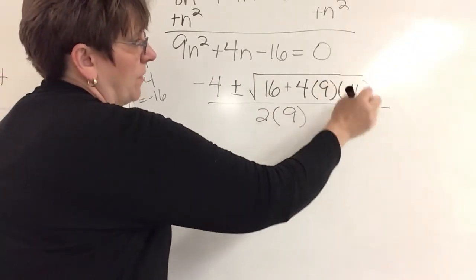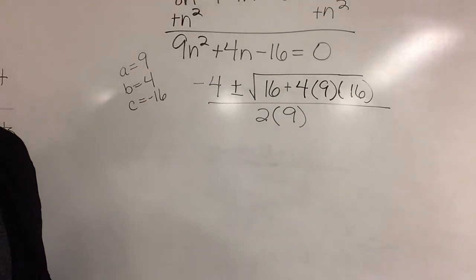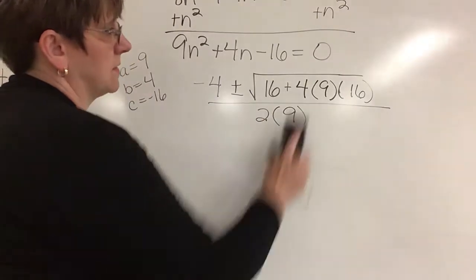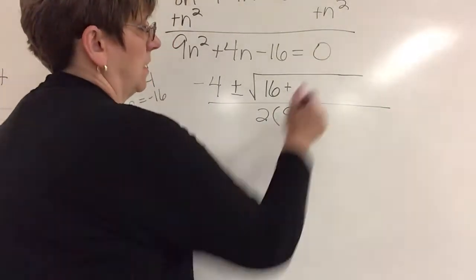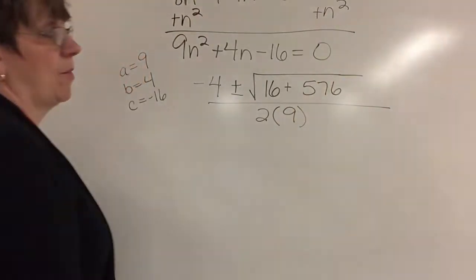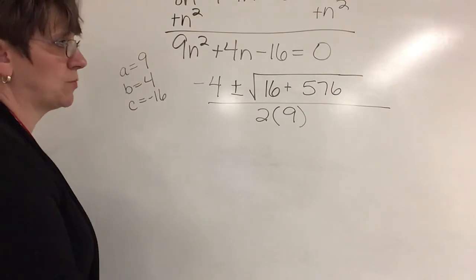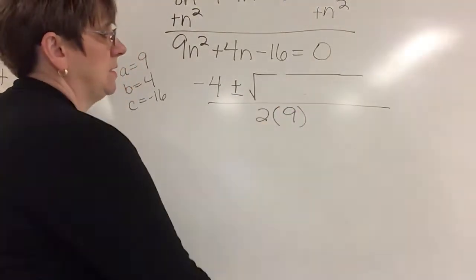Now I just have to figure out what I get when I multiply those together, and that is 576. But I have to add 16 to it, so 576 becomes 592 when I add 16 to it.